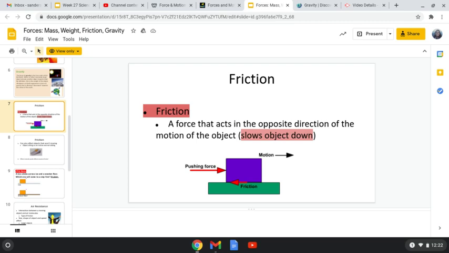For example, if I try to push a box across rocks, it's going to be much harder than if I try to push the box across ice, because the friction of the rocks is going to slow the box down and I'm going to have to push even harder. But if I'm pushing the box across ice, the friction is far less than what would happen if I pushed it across rocks, so I wouldn't have to push as hard.